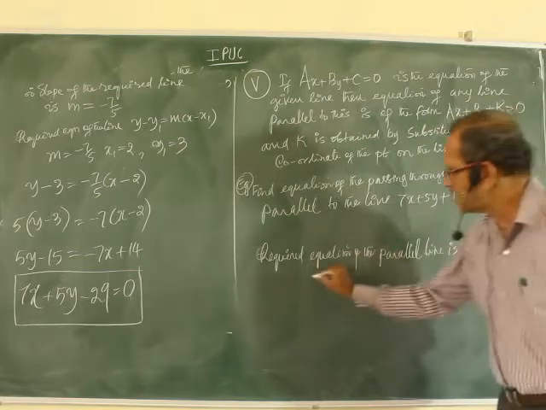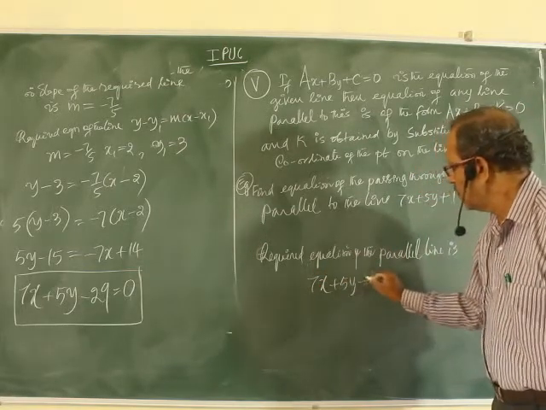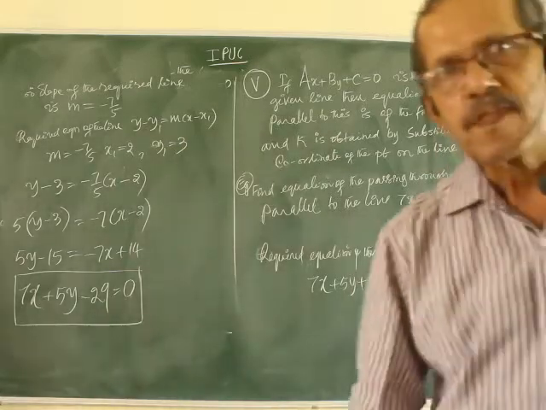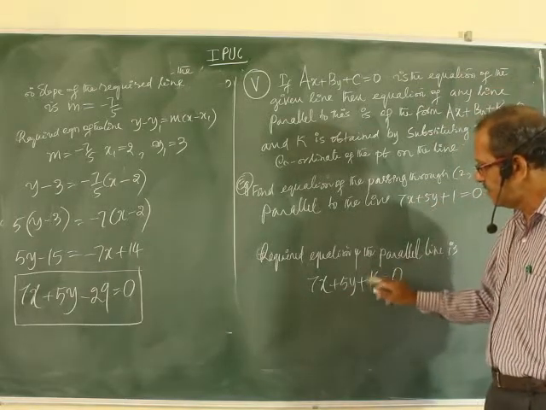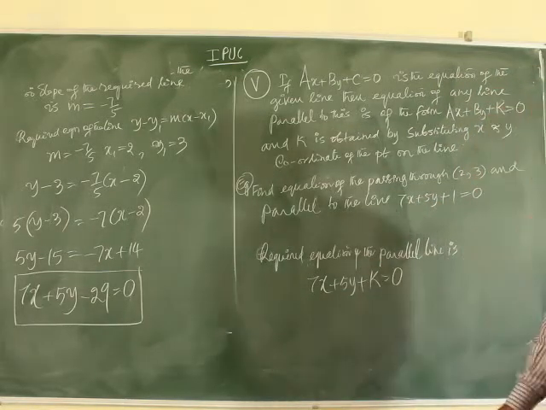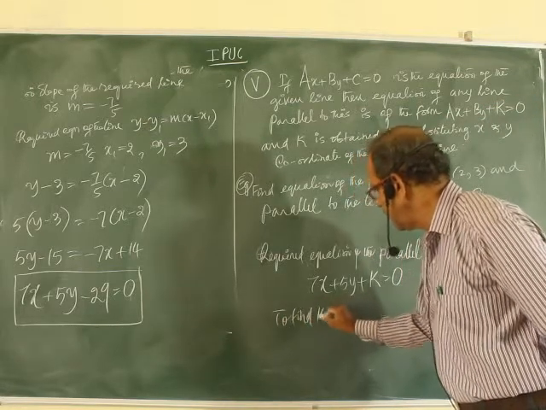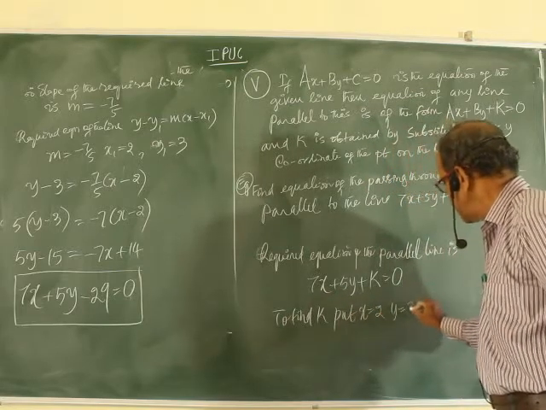Write the same x term, the same y term; they differ only by the constant. Next, to find k, put x = 2, y = 3 in the equation.